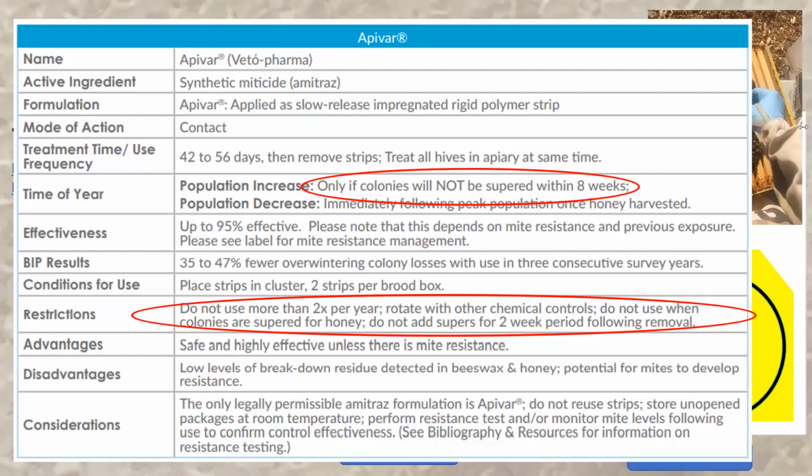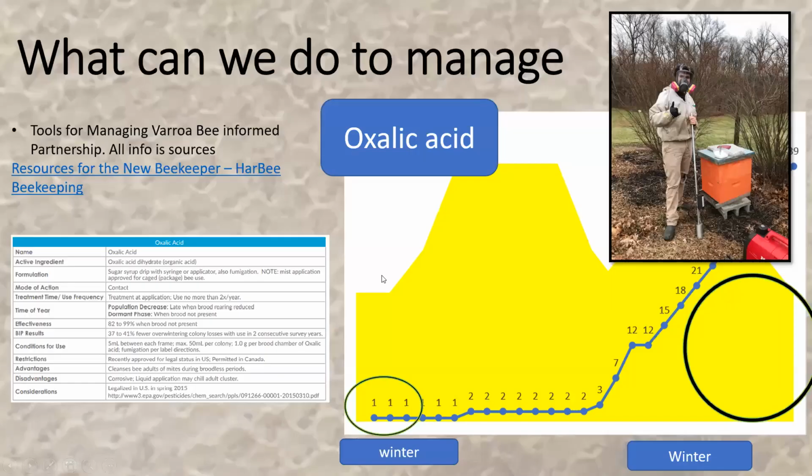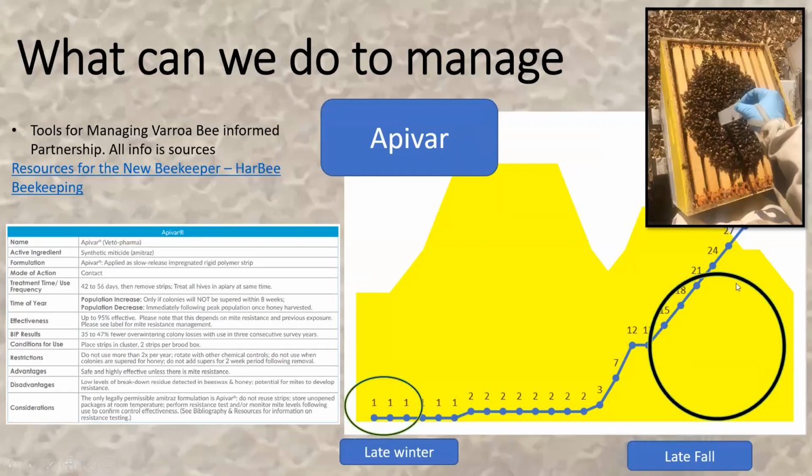Even actually during this time of year, this black time of year, I'm using Apivar as they're going into winter, and the population is decreasing. You can kind of see that this yellow area is decreasing a bit. This time of year, I'm feeding my bees extensively sugar syrup, to get them heavy for winter.